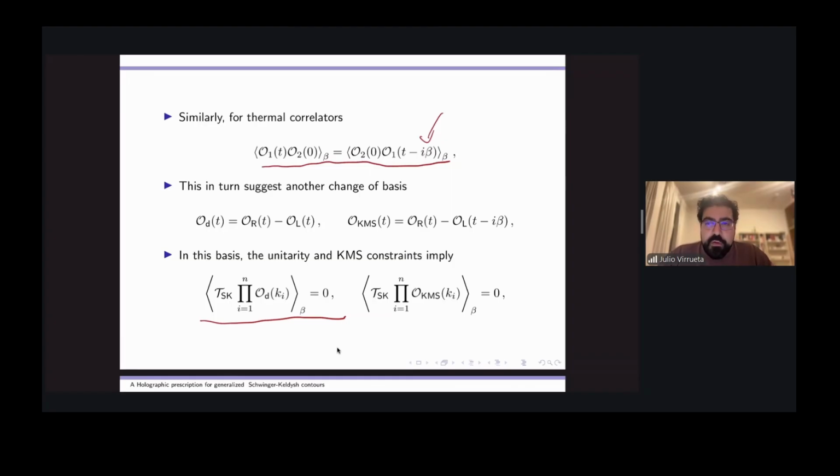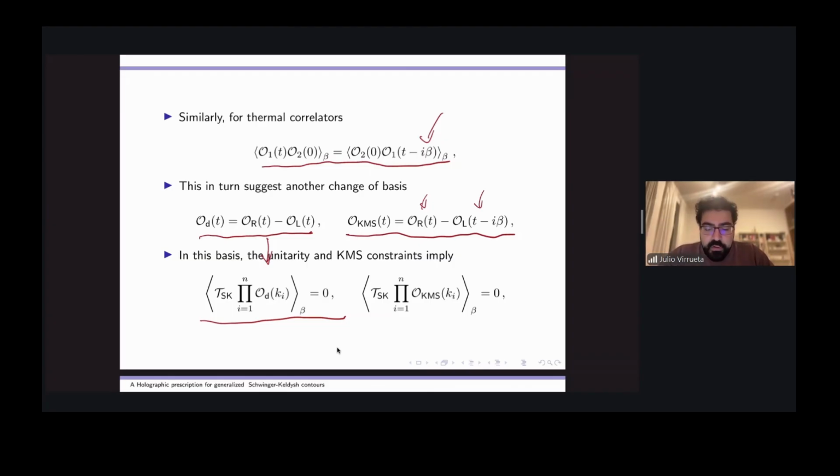So in the same way one introduces the average-difference basis to capture unitarity, one can introduce another basis, which here I call difference-KMS, but in the literature is often just called the advanced-retarded basis, in which I have the all-difference operators, which still will implement unitarity, but I then introduce these KMS operators, in which I consider the difference between a right operator and its KMS translated partner.